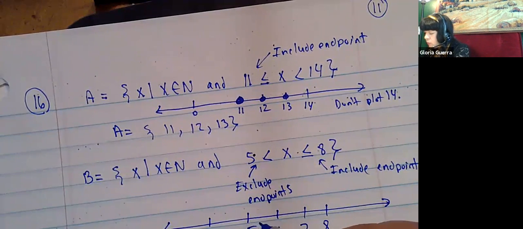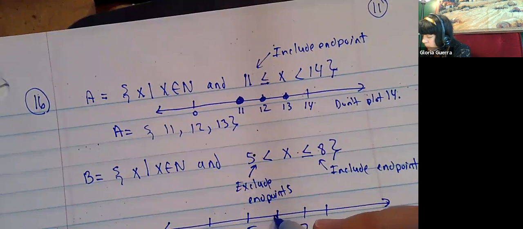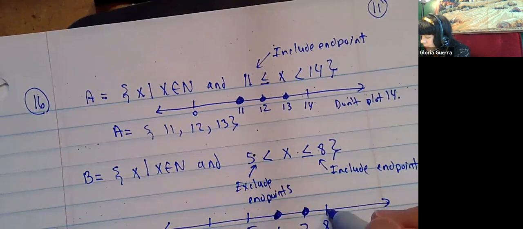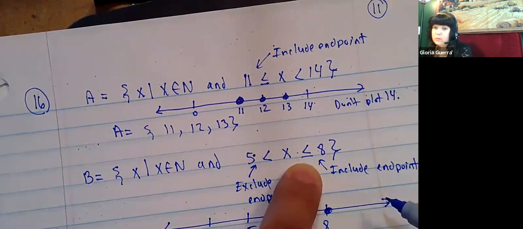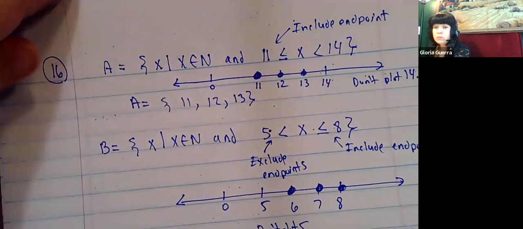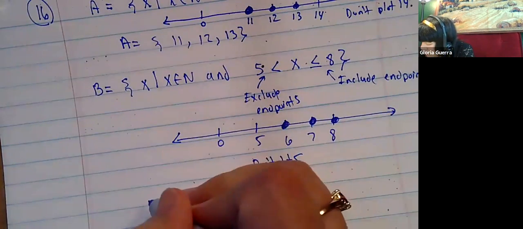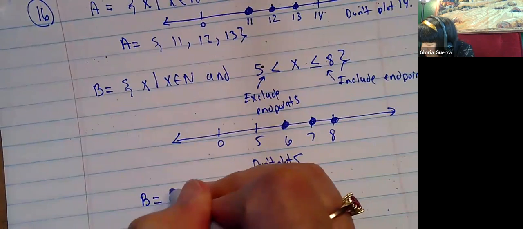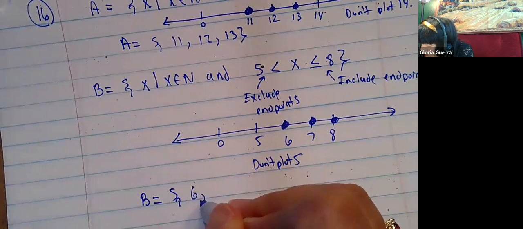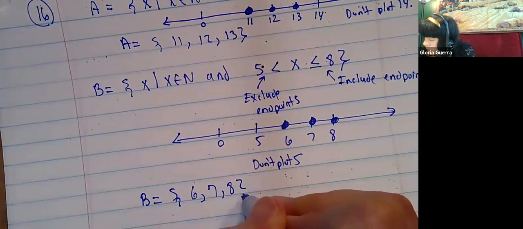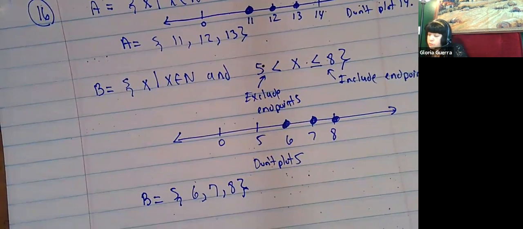I don't plot 5 because there's no underscore, but you can put a point for 6, 7, and you can put a point for 8 because it does include that endpoint. Okay, so then B is 6, 7, 8.